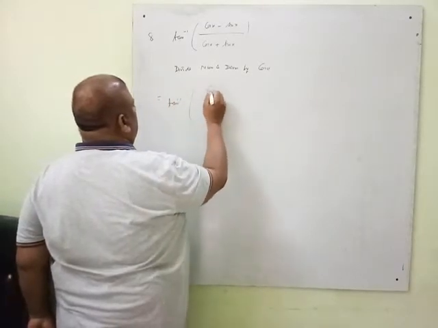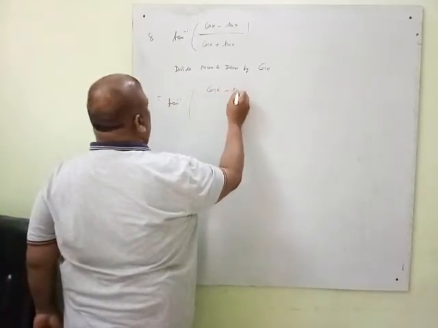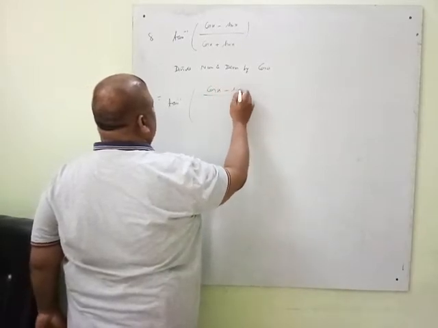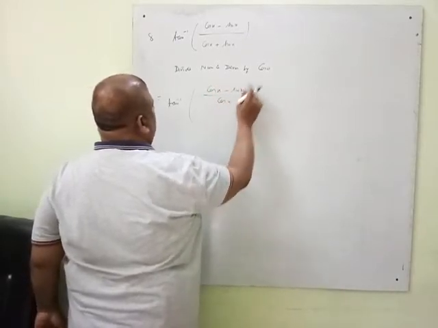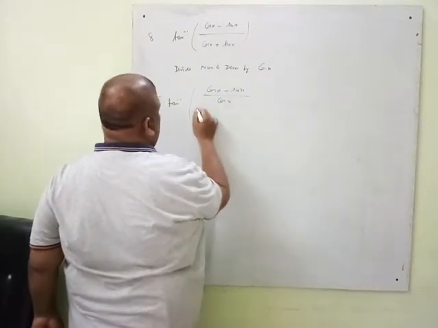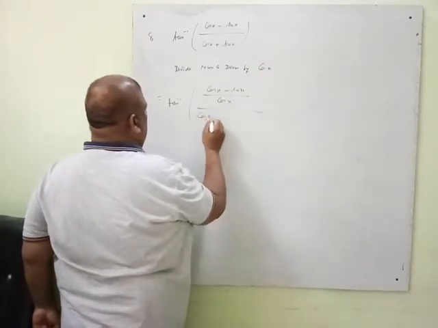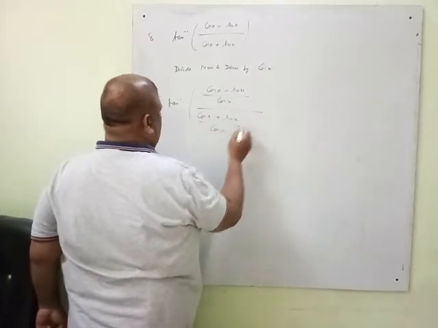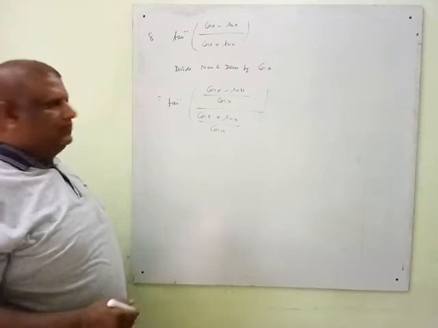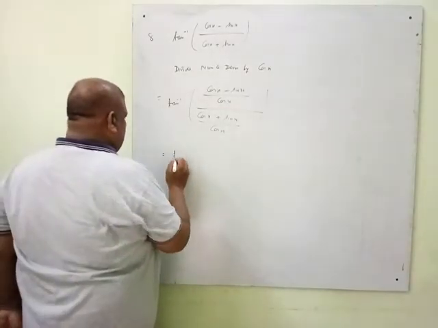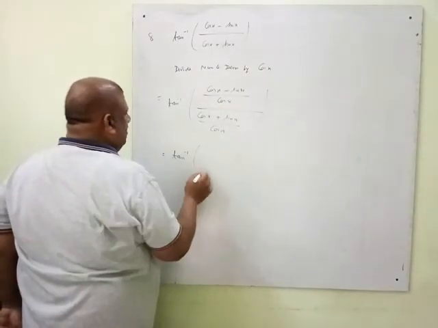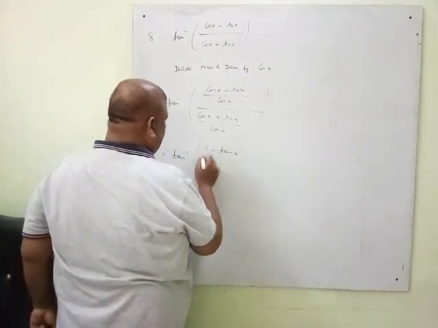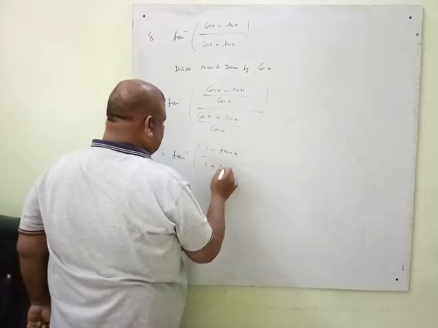Tan inverse cos x minus sin x upon cos x, cos x plus sin x upon cos x. When we separate this, 1 minus tan x upon 1 plus tan x.